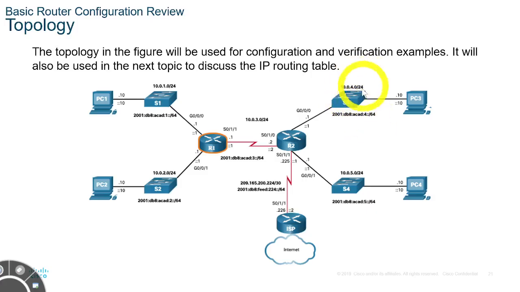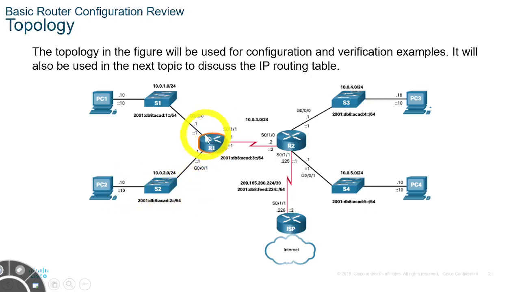So we have all together IPv4 and IPv6, even for the PCs. These are the network addresses, because it's 10.0.1.0, and this is also a network address. This is the address of this host, 10.0.2.10, and this one here is this address with 2 colons, 10.